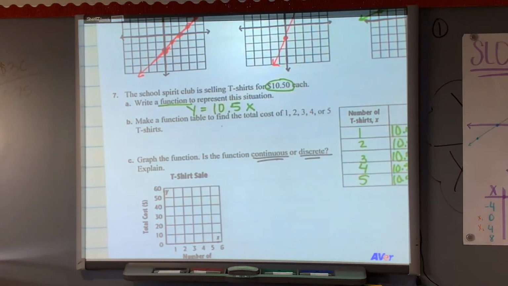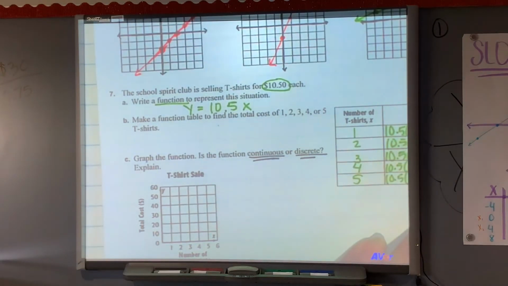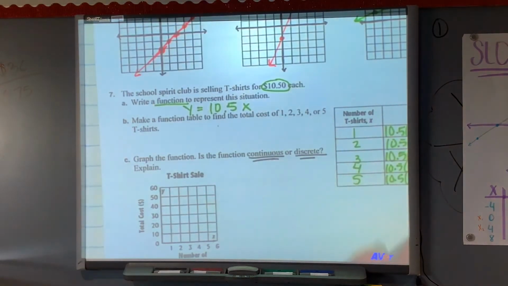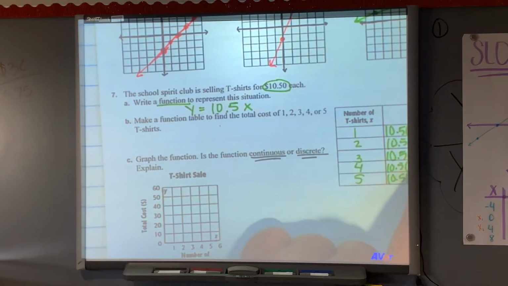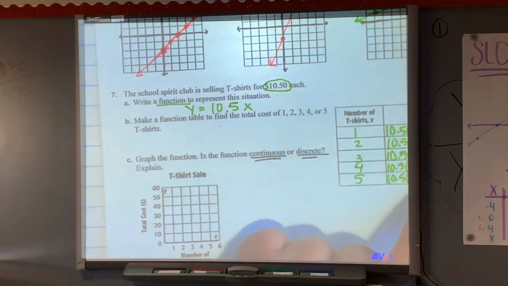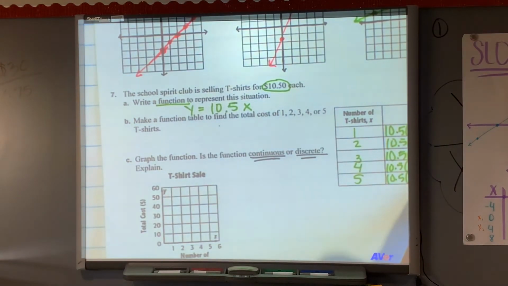All right, and then I know that 10.5 times 1 is $10.50, so we would have made $10.50. If I sell 2 t-shirts, we have, let's see, $21. If I sell 3 t-shirts, we have $31.50. And if I sell 4 t-shirts, we have $42.